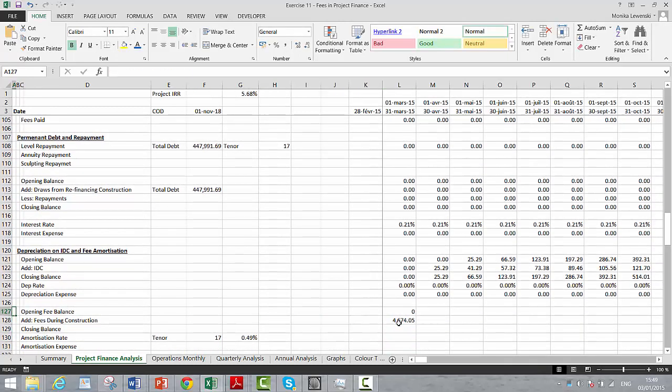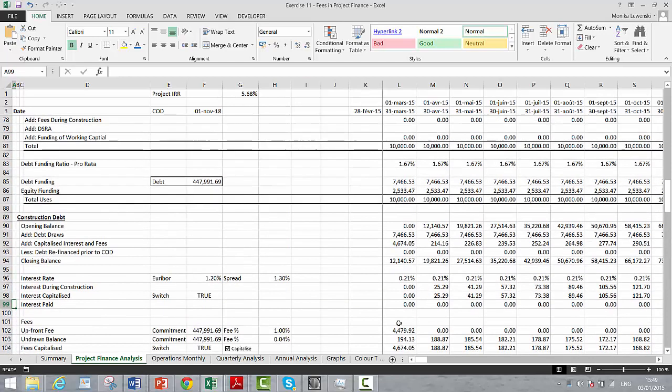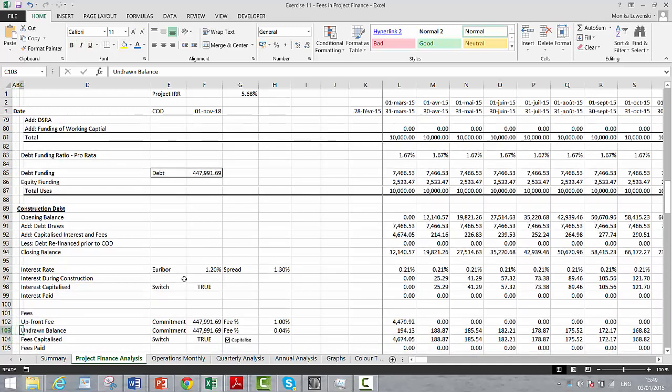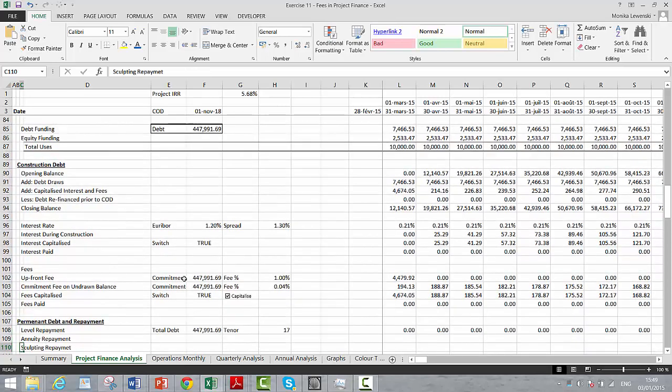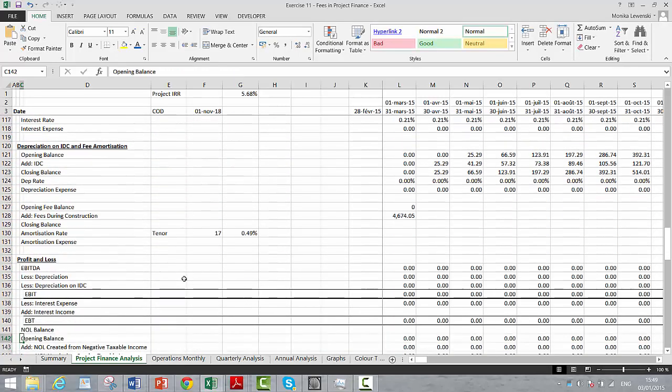it said undrawn balance. I'm sorry about that. It should have said commitment fee. I would say commitment fee on undrawn balance. Okay, and then let's alternate equal.